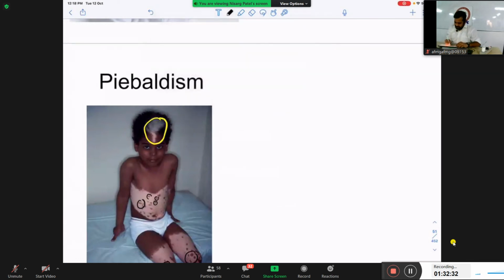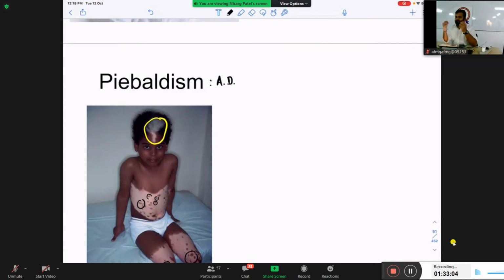Piebaldism is an autosomal dominant defect. Why? As I told you, melanocytes are derived from the neural crest. You all know the cells derived from the neural crest during embryogenesis migrate and reach their normal place. You all know Hirschsprung disease, which is also a disease of abnormal neural crest migration; cells didn't reach that place.